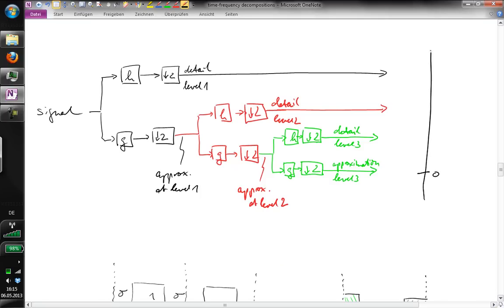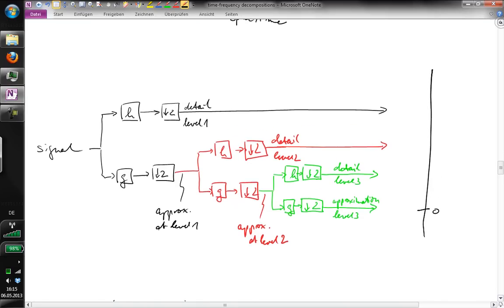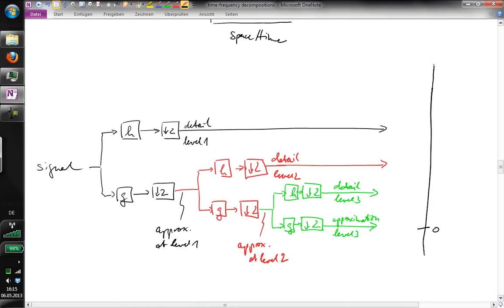And on the right-hand side, I'm drawing the frequency axis, where this is pi. I'm only showing the positive half axis here. So the detail at level 1 amounts to all the higher frequencies.